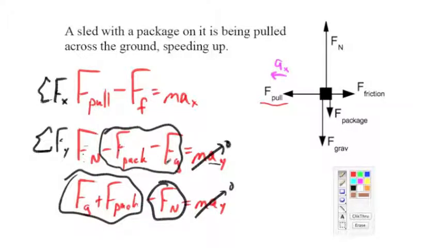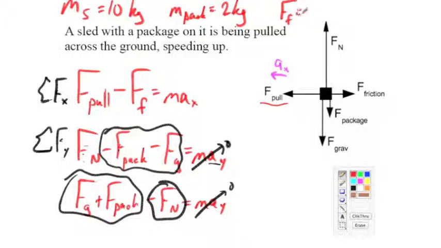Now, let's see what this might look like with some numbers. Let's ask ourselves, if the sled has a mass of 10 kilograms, if the package has a mass of 2 kilograms, if the force of friction is, I don't know, let's say 5 newtons, and the force of the pull is 15 newtons.